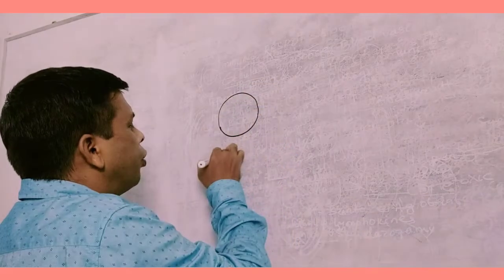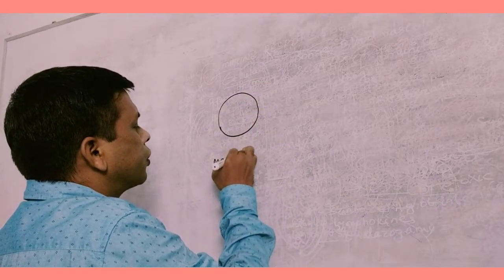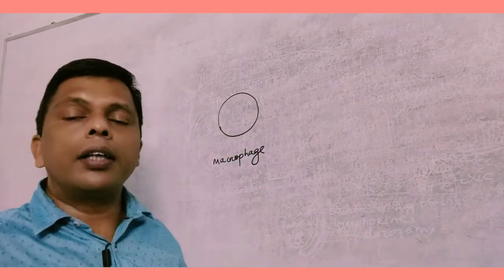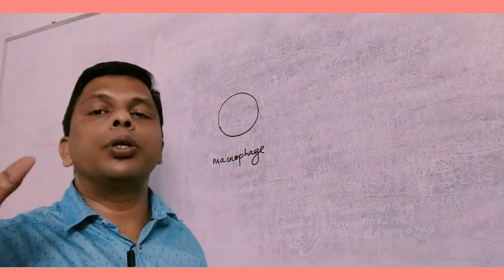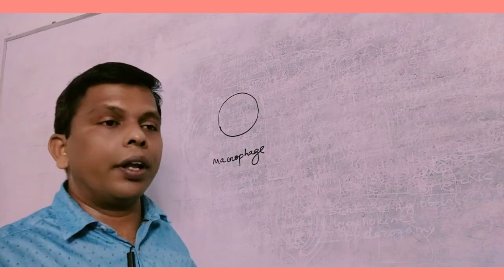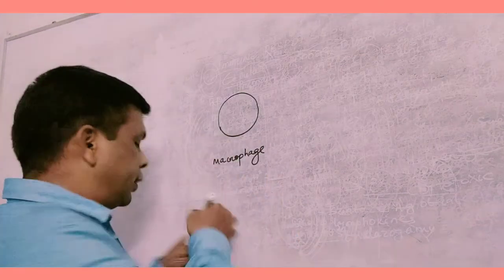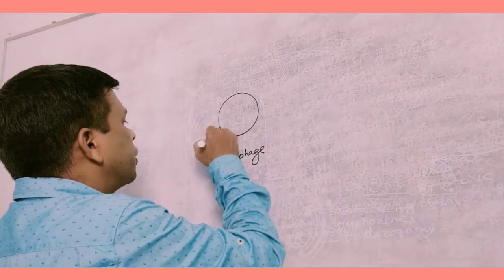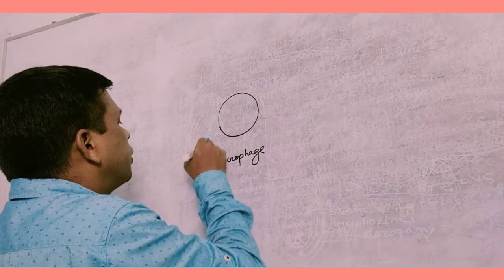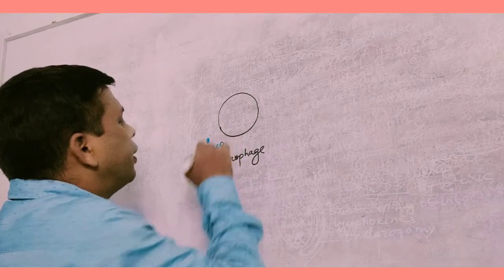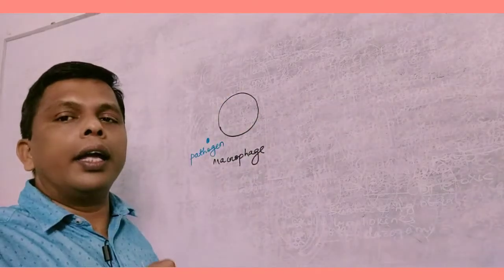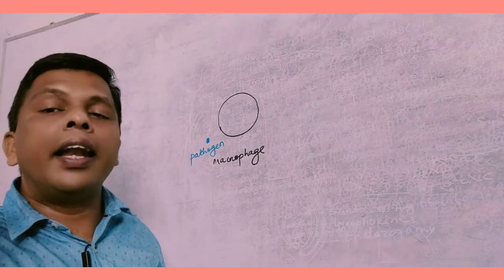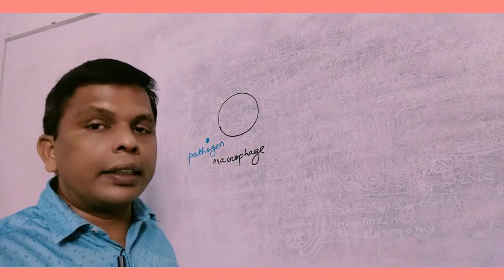This is a macrophage. What happens? At first, when any pathogen enters the body, suppose this is the pathogen. What happens when the pathogen invades the body? Immediately it is engulfed by this phagocytic cell.